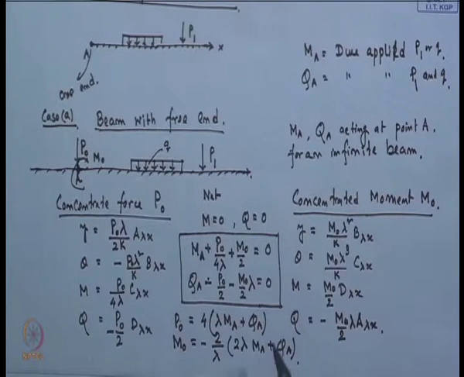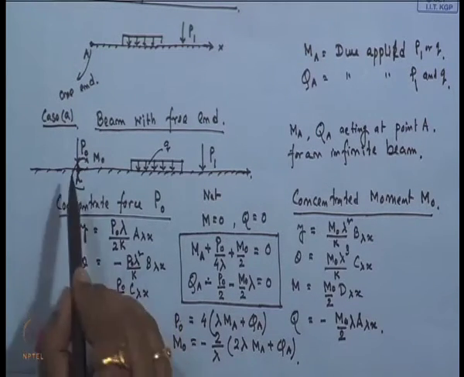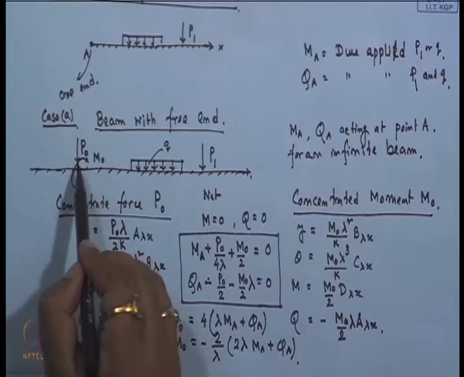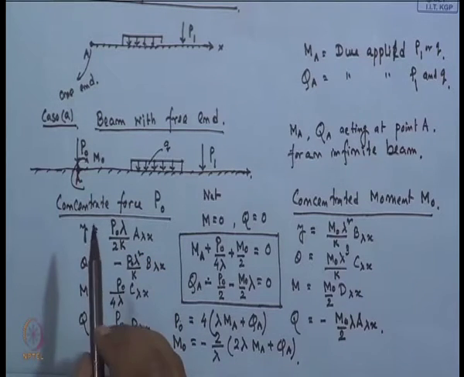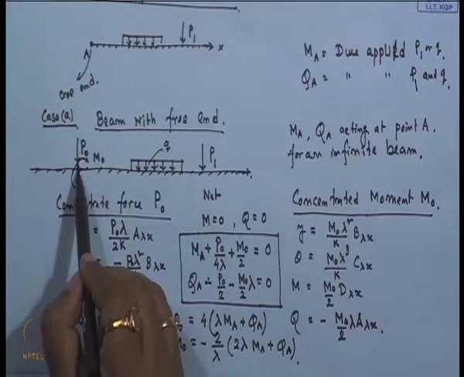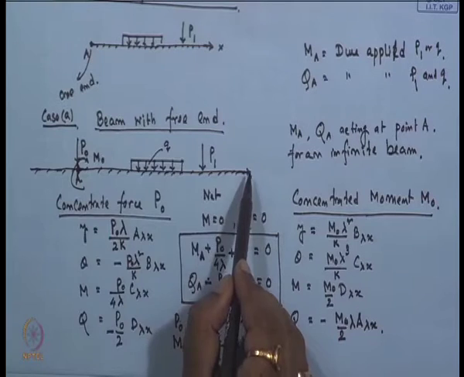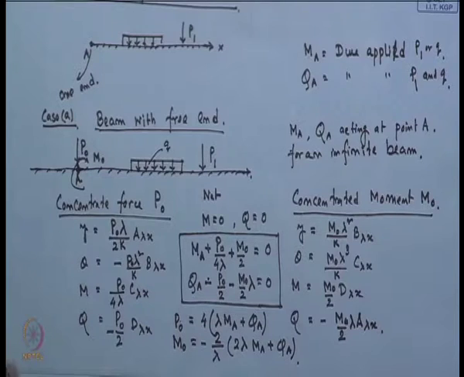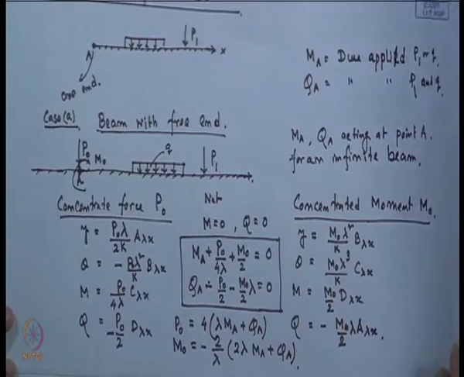From these two expressions, first we have to calculate P 0 and M 0. Now, if we apply this P 0 and M 0 very close to this point A, then we will get a semi infinite beam with free end.